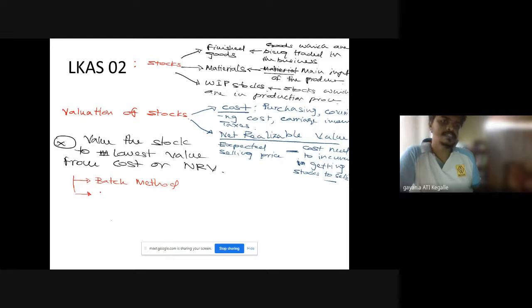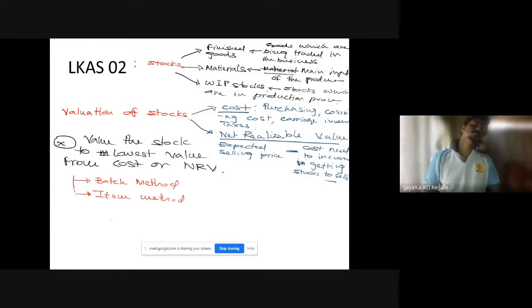Or otherwise, we can do it the Itamatrame way, the item based method. What is that? I will show that using an example.